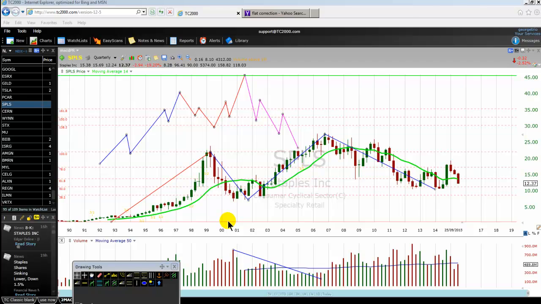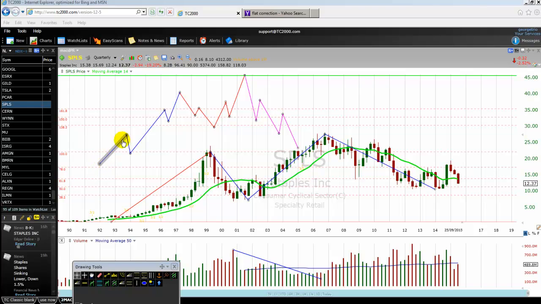The first thing that one should know about the flat correction is the internal waves. When we talk about the internal waves, it is how the financial instrument moves from A to B. Here, if you look at this blue line, you can see that the blue line went up in 5 moves: 1, 2, 3, 4, 5.